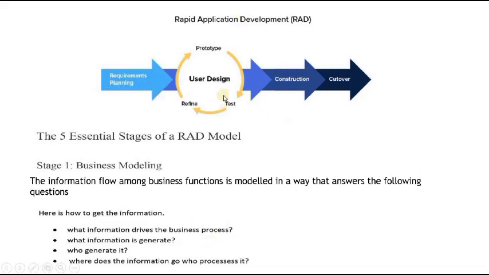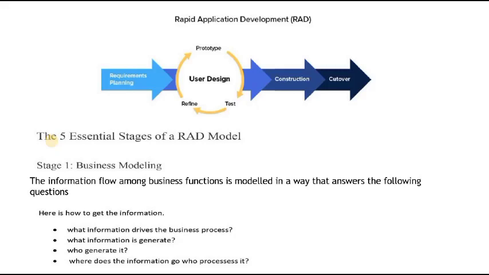This is rapid application development. You can see it is a linear sequence. There are 5 essential stages in the RAD model. First stage, business modeling. The information flow among business functions is modeled in a way that answers the following questions.